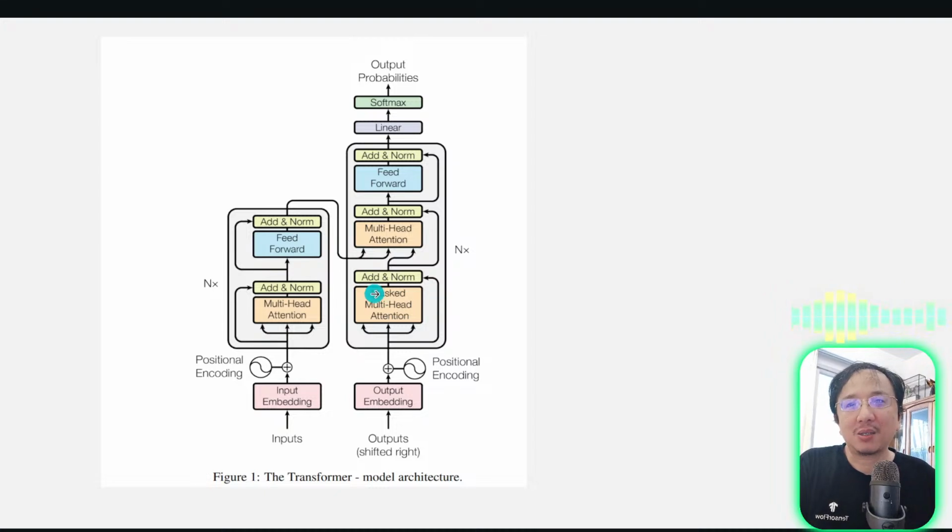So what is the mask used for? Recall in the source code, we have a triangular matrix.